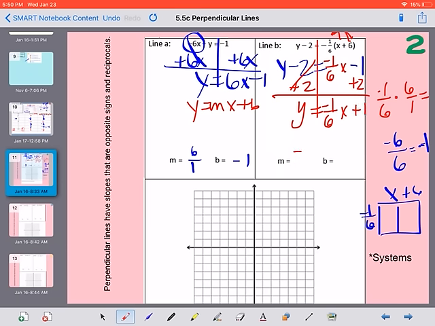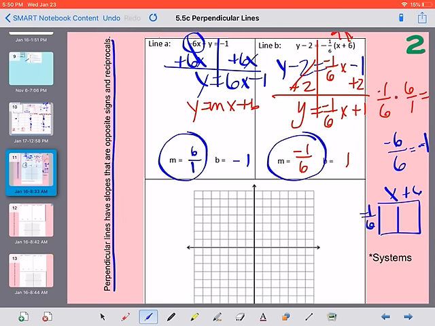So our slope m is negative 1/6, and our b is 1. To make sure we did this correctly, perpendicular lines have slopes that are opposite signs and reciprocals. So let's take a look. Are our slopes opposite signs, positive, negative? And yes, they are. Reciprocal, 6 over 1, 1 over 6. So we need to graph these two lines.